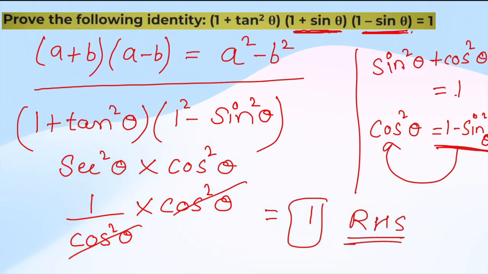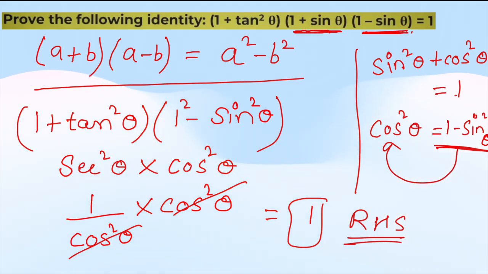If you still haven't learned the identities we have discussed, the first thing you should learn is the reciprocal identity. You should know that the opposite of sine is cosec, the opposite of cos is sec, the opposite of tan is cot. These are the three reciprocal identities. Then we know that tan theta can be written as sine theta by cos theta.